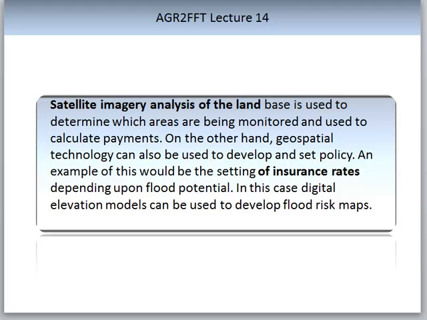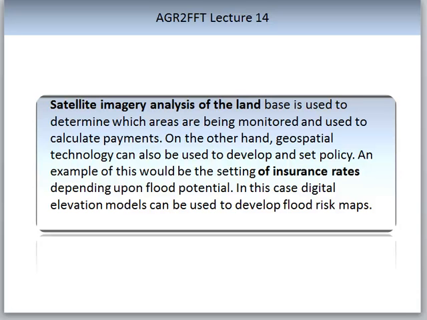We learned about GPS and how satellites play a role in this. Satellite imagery analysis of the land base is used to determine areas that are being monitored and used to calculate payments in some areas. Geospatial technology can be developed to set this policy.